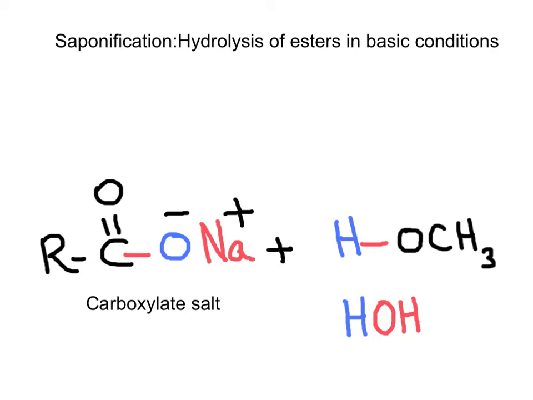The formation of the carboxylate salt drives the equilibrium to the right, making the reaction irreversible. Basic hydrolysis is often preferred. In this hydrolysis, the base is a reactant and is needed in equimolar amounts relative to the amount of ester, and it is consumed in the reaction.